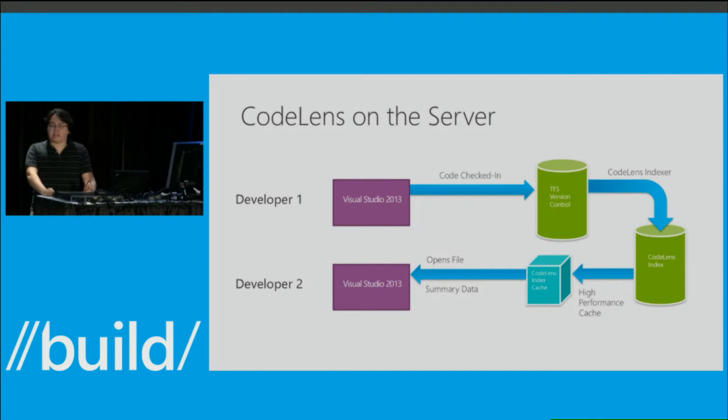The way that works is when a developer does a check-in, it goes into TFS version control, and then almost immediately, the CodeLens indexer is notified, and it will start indexing and analyzing that change set. It will then dump the output into the CodeLens index, which is our primary data store for all the information about CodeLens, and that is further pushed into a very high-performance cache. This whole loop takes about 30 seconds or less in a typical case.